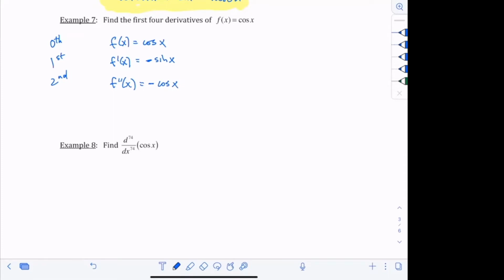Okay. Now I want to find the third derivative. What's the third? So when I do that, the negative is going to stay there. The derivative of cosine is negative sine of x. So this becomes a negative times a negative, which is a positive. So it becomes sine of x.